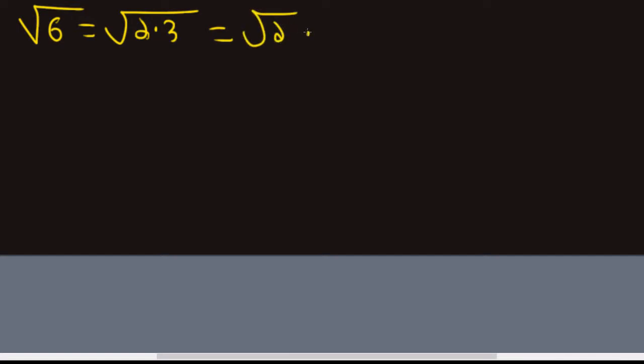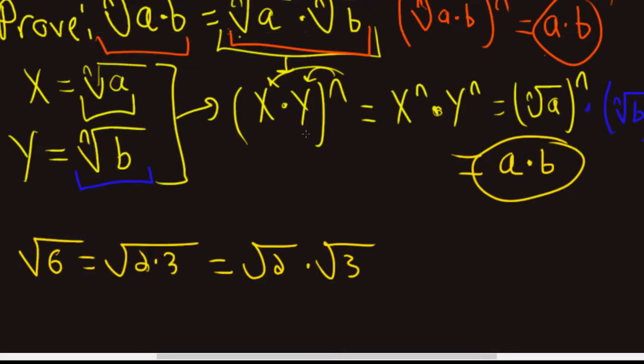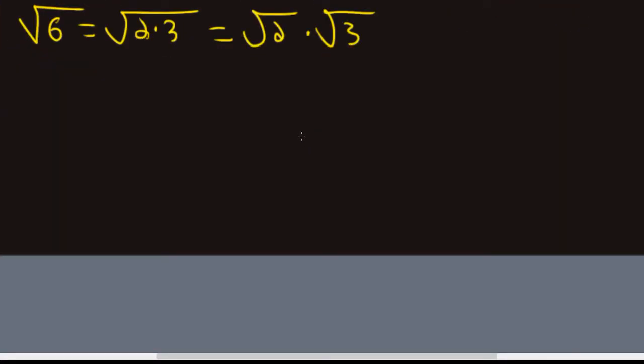Well, what does that tell us? All this proof tells us is something like the square root of 6, which is equal to the square root of 2 times 3, is also equal to the square root of 2 times the square root of 3. That's basically what we just proved. Very simple proof, and with very cool consequences.